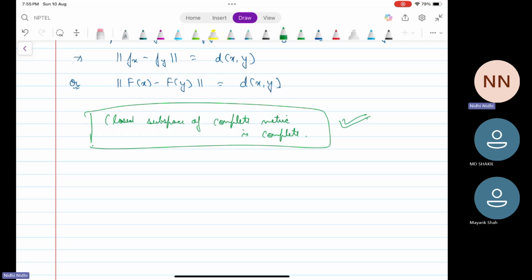Is it after the Ascoli-Arzela theorem or before that? Yes, ma'am. This is at page number 170. Yeah, I got it. Example 10.20, yes, it is after the Ascoli-Arzela theorem.